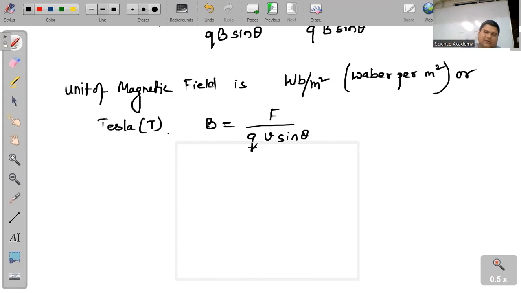Is that okay? And its motion is such that it is perpendicular to the field. Then we say that the magnetic field is 1 Tesla or 1 Weber per meter square. All values become 1, so B is going to be equal to 1, right? Are we getting this point? Yes sir, okay.